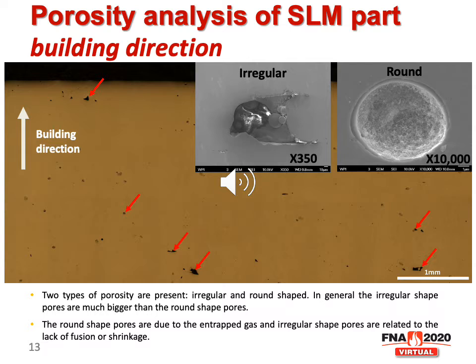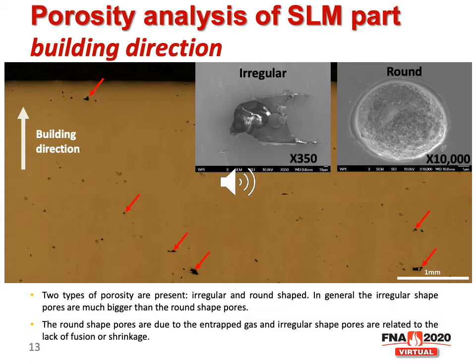This slide shows two SEM micrographs with higher magnification that show the different types of porosity. Basically, there are two kinds of porosity. One is irregular in shape, the other is round in shape. In general, the irregular pores are much bigger than the round pores.